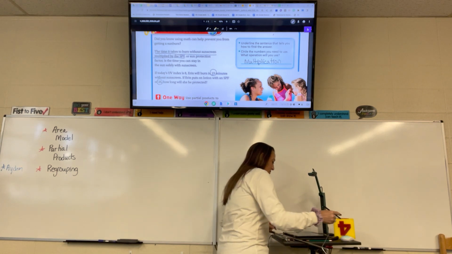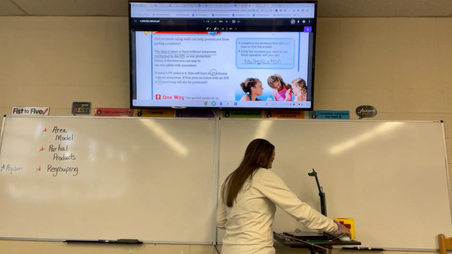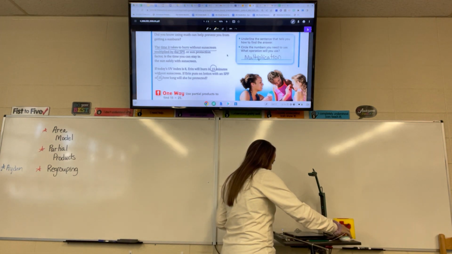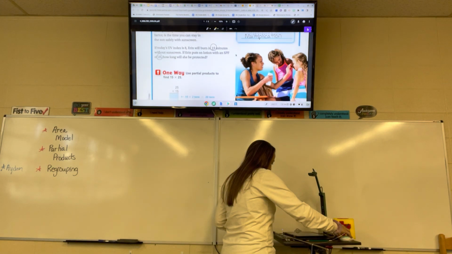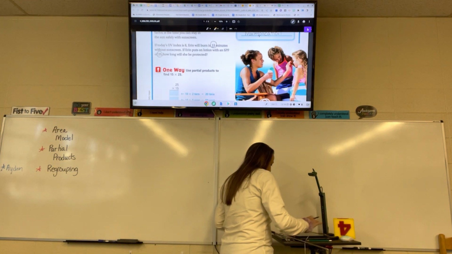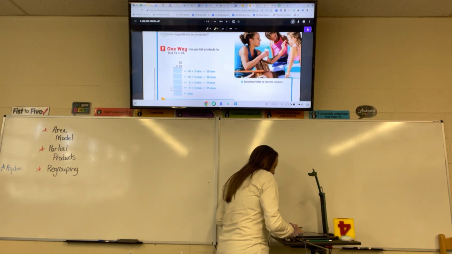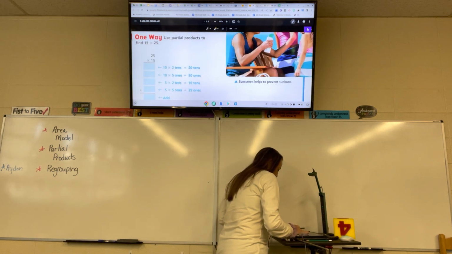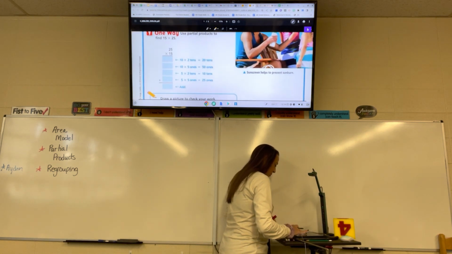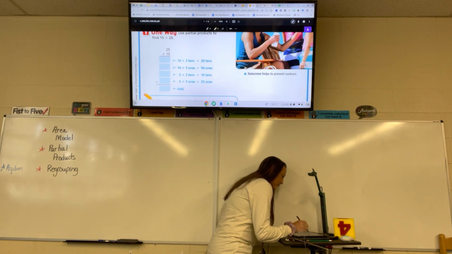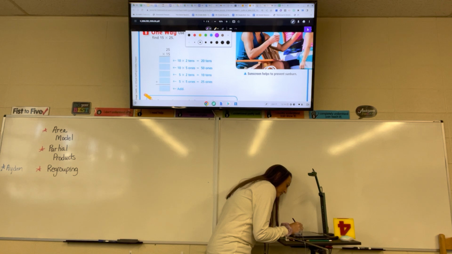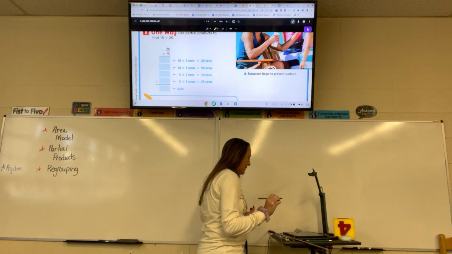Okay. So now we've learned 3 different methods to do this. We're going to go over one of those ways now, which is partial products. Okay, so here we go. With partial products, what do I like to have you do first? Add the little tiny zeros. So I'm going to put a little 0 after the 2 and a little 0 after the 1.